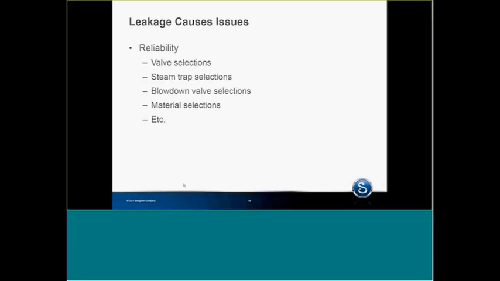The code doesn't tell me whether the valve is unreliable or reliable. So as a buyer, designer, or operator of a system with components, you have to look at the valve and determine if it's going to be reliable or not.